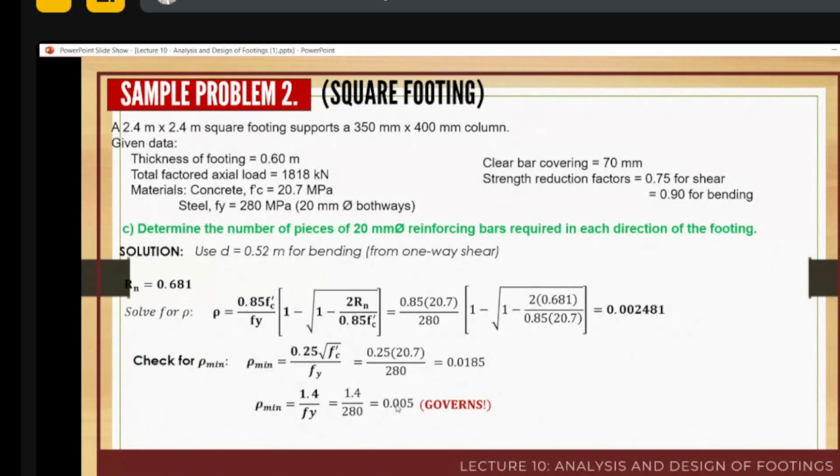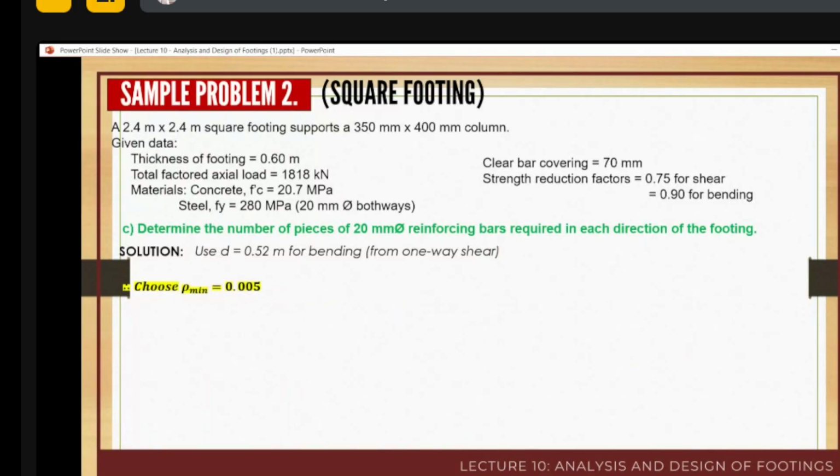Which is 0.005, which is 1.4 over 280. No? 0.005, ito naman is 0.002 lang. So, ang rho min, ang ganito. Ano siya mag-govern. So, therefore, choose the rho min 0.005. So, mupod na. No? Pag-check na to sa rho na to, mga formula, auto dyan na siya ibangka sa atong rho minimum, no? Sa atong duha ka formula.